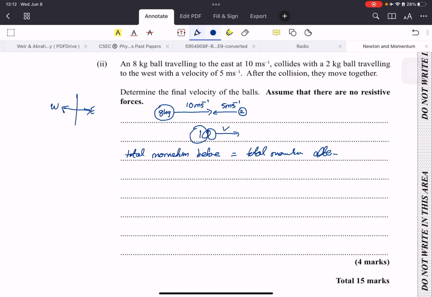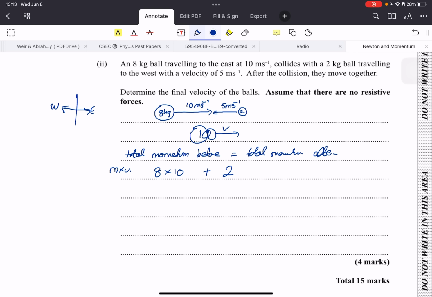So remember, momentum is mass by velocity. Okay, so for the 8 kilogram ball, it's going to be 8 multiplied by 10, because it's going at 10, right? Plus, now we have to do the smaller, plus, right? So 2 kilograms, but if we are moving in the direction of the big ball, we need to consider that the smaller ball is moving in the opposite direction to us.